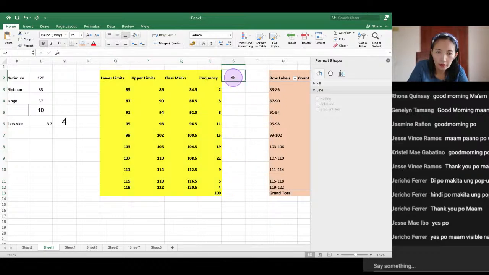So frequency, and then we can add another column for relative frequency.